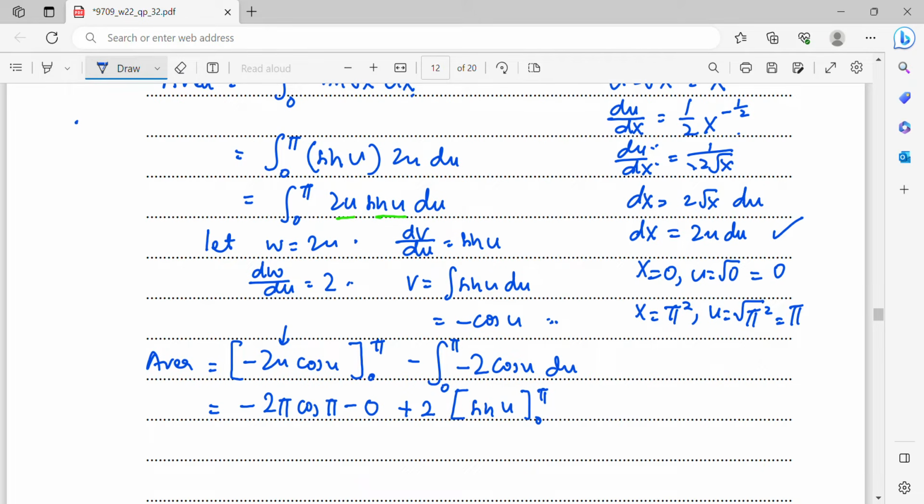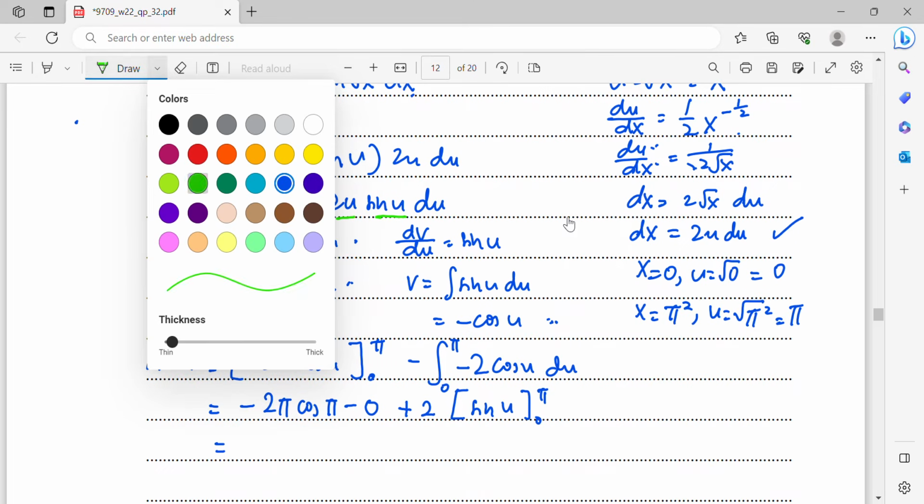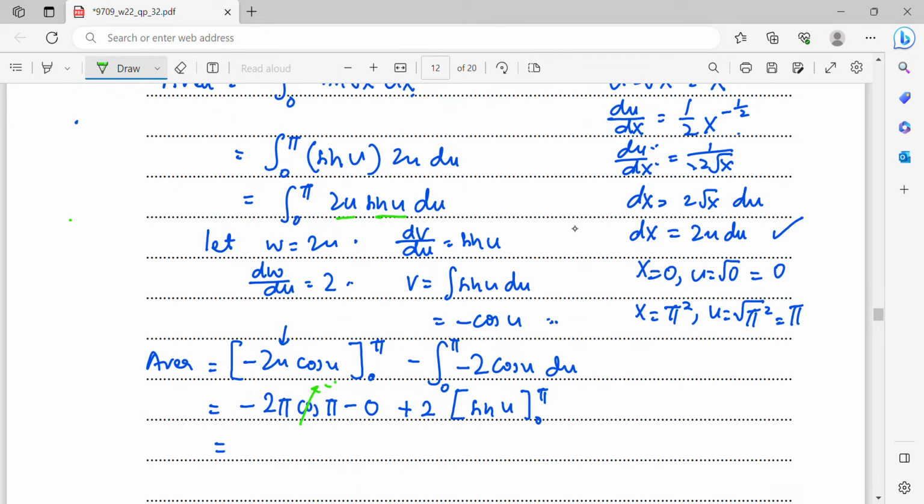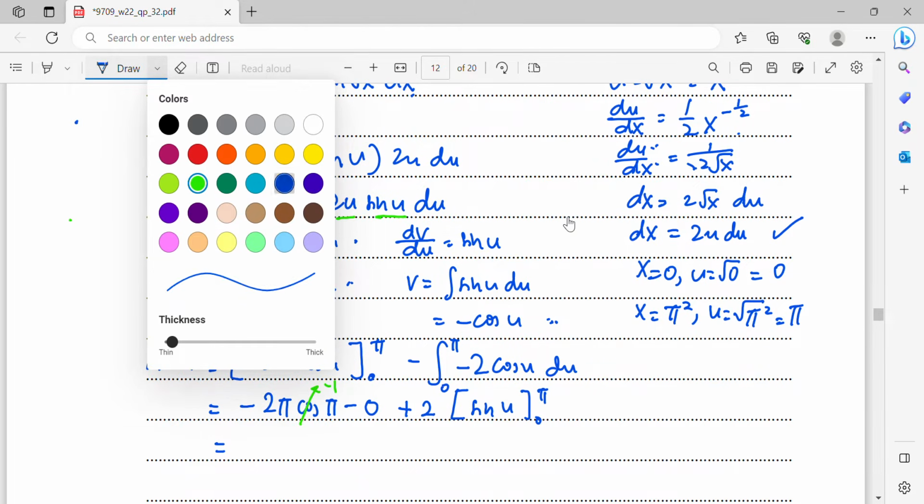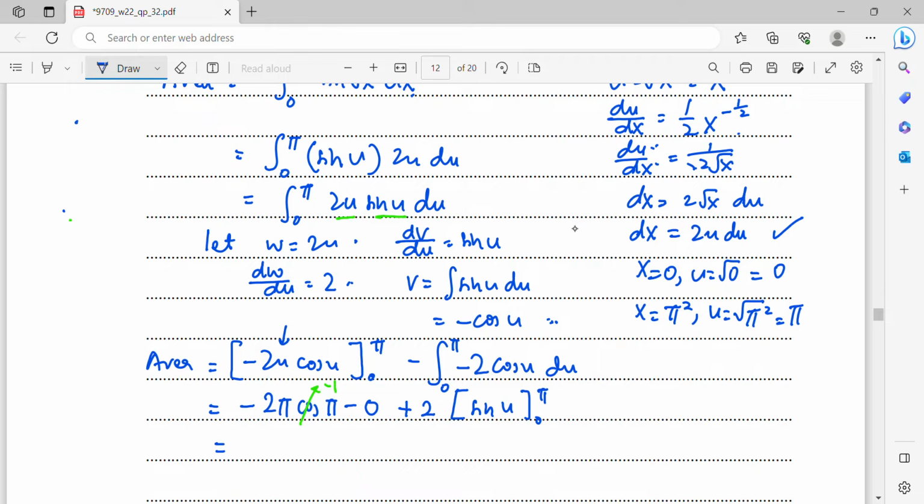Right. So now cos pi is minus 1. So minus 2 pi times minus 1 is basically 2 pi. Then plus 2, replace the u by pi. So I will get sin pi minus sin 0.